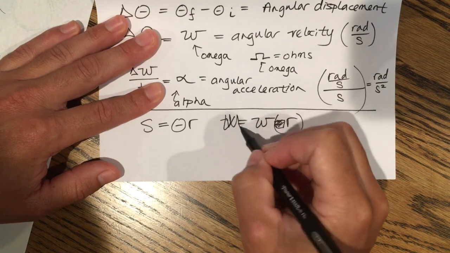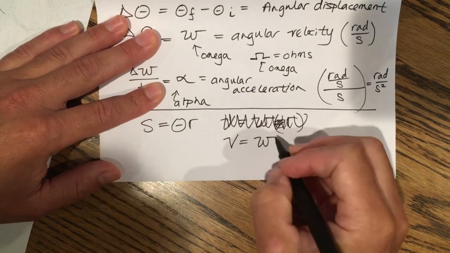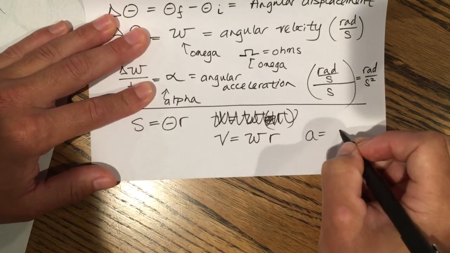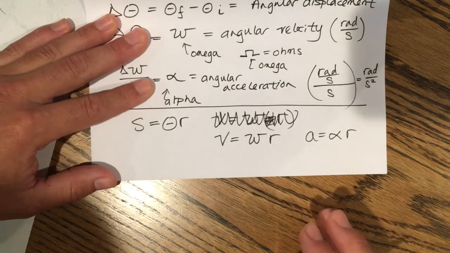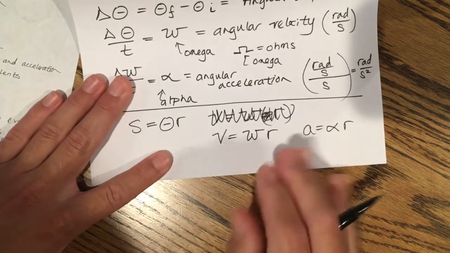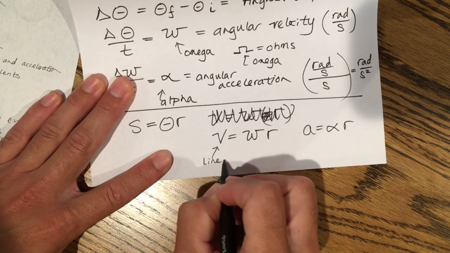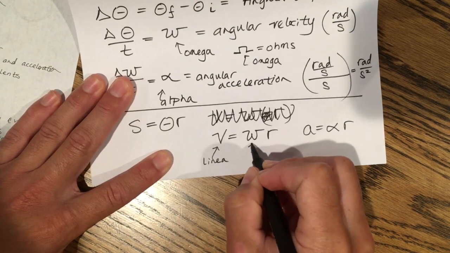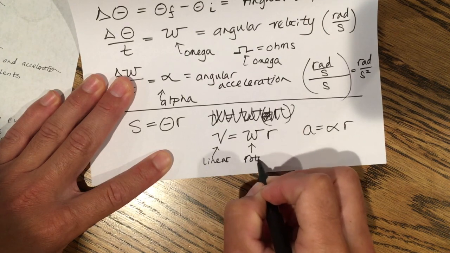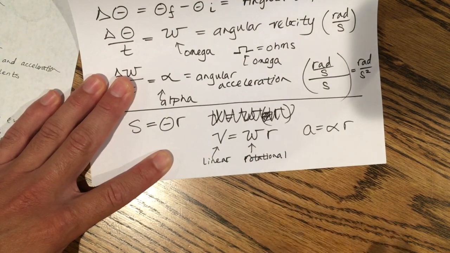Let me just rewrite that. Velocity is equal to angular velocity times r, and acceleration is equal to angular acceleration times r. So this is very convenient, right? To go from the linear quality to our rotational quality, we can just take the rotational quality and multiply by r.